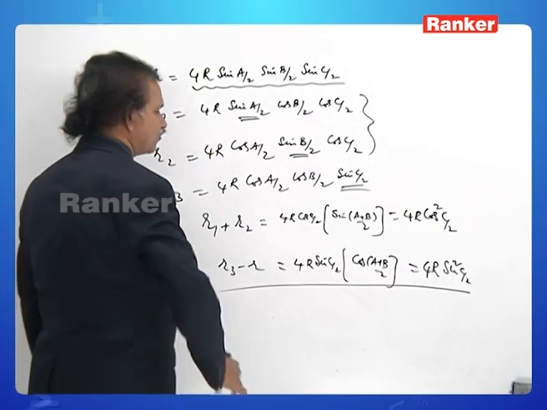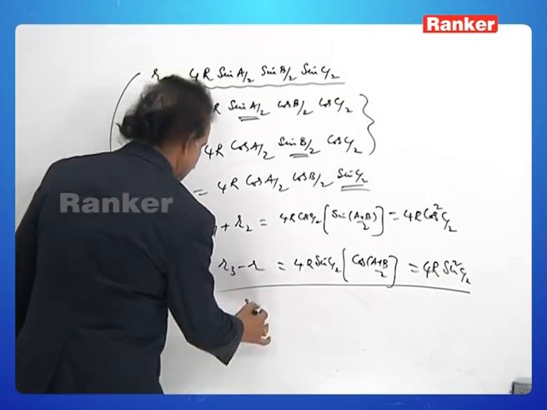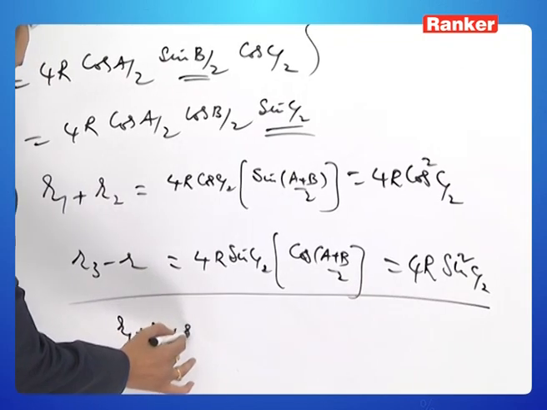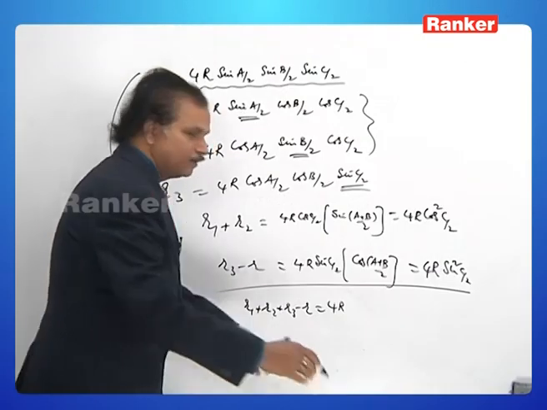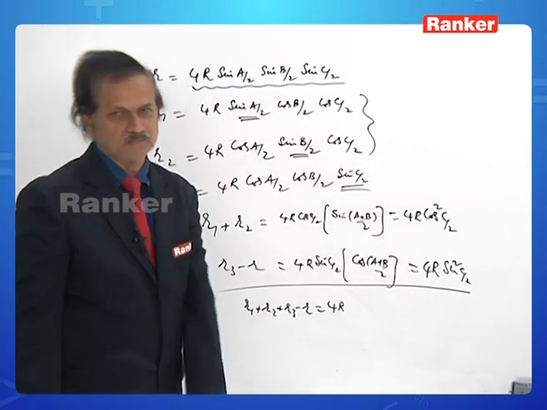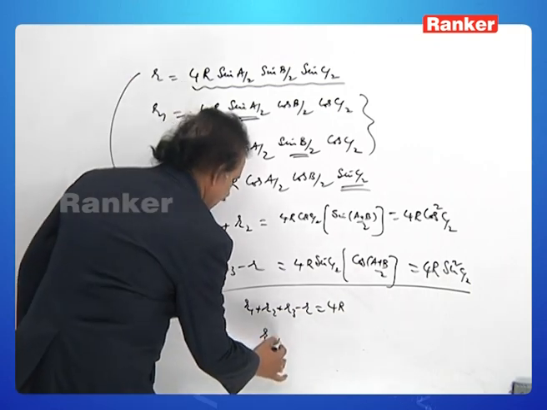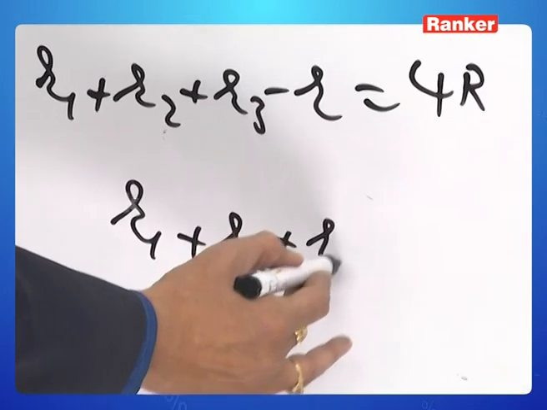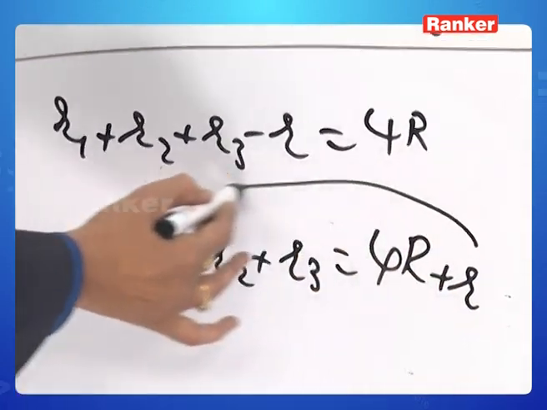Well, my dear, you try to add these two. What is going to happen? r1 plus r2 plus r3 minus r is equal to 4R into (cos square C by 2 plus sin square C by 2), which is 1. Therefore, from this we have r1 plus r2 plus r3 is equal to 4R plus small r.